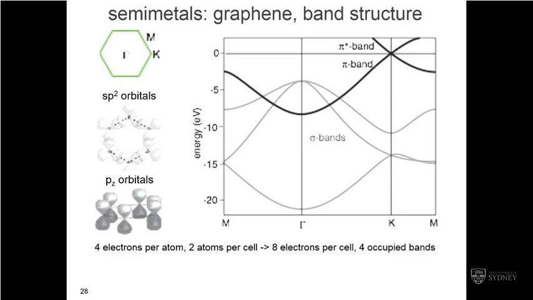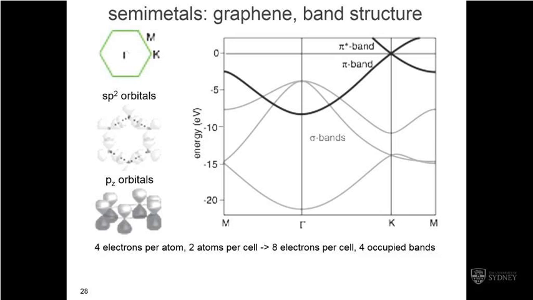We know it's got 4 electrons per atom. We know there's 2 atoms in the unit cell. We know that we have 8 electrons per cell then, 2 times 4. And we have 4 occupied bands. We have 3 of these type and 1 of these type. So that makes 4 bands. Each band can hold 2n electrons.